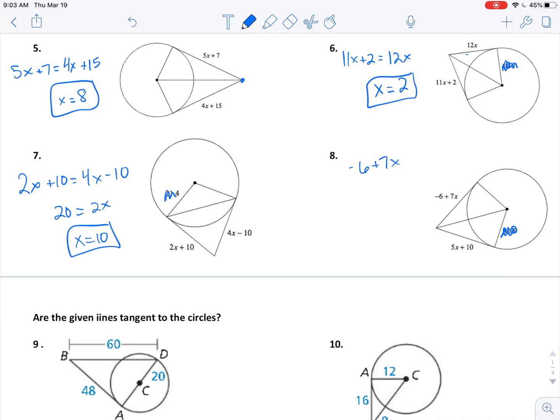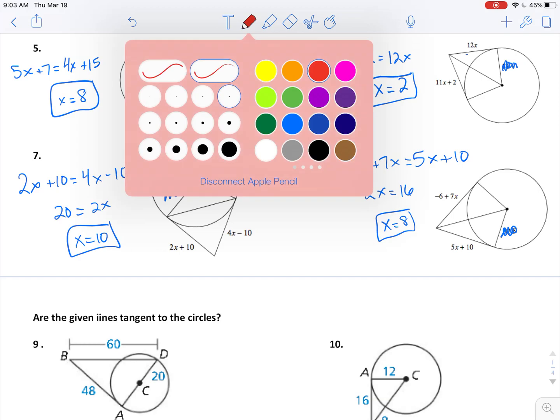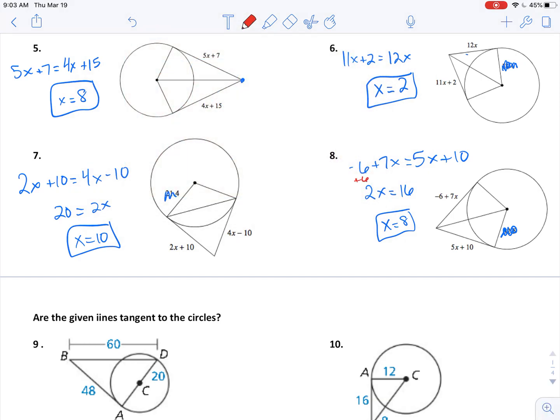And last but not least, negative 6 plus 7x equals 5x plus 10. If I add the 6 and subtract the 5x, I'll get 2x equals 16, where x equals 8. So again, here I just added the 6, subtracted 5x.